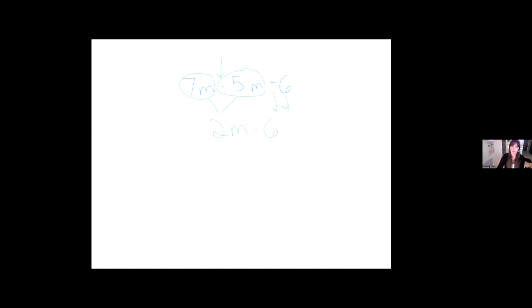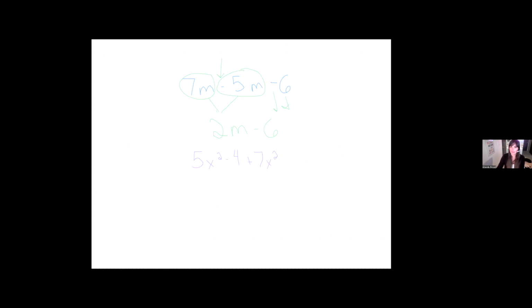How about let's try 5x to the second power minus 4 plus 7x to the second power. So what have we learned? What are we going to combine? That's right.